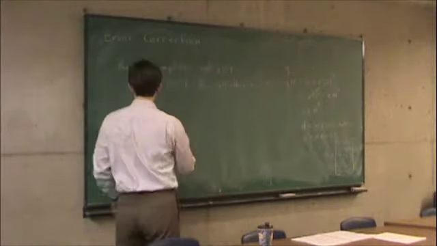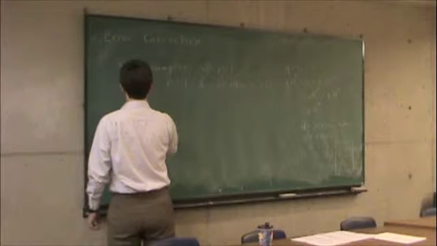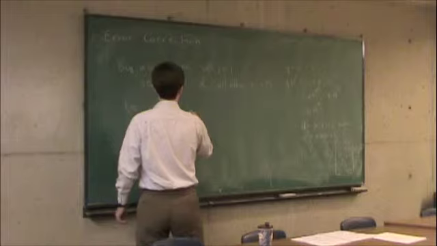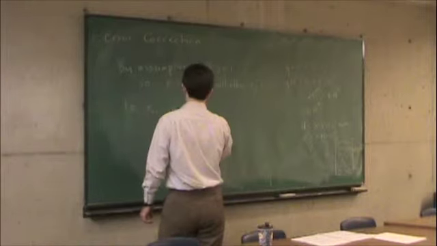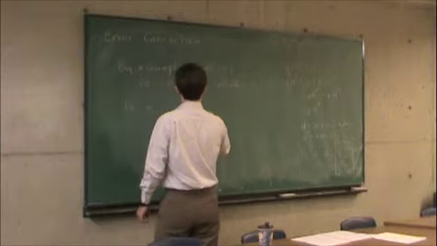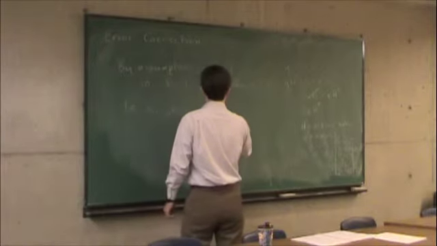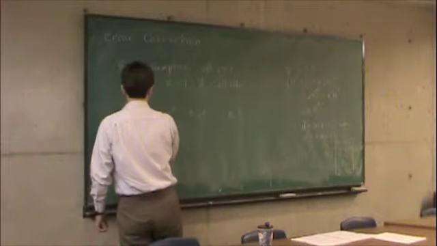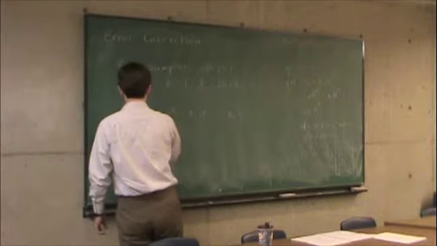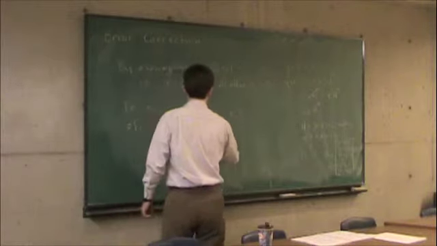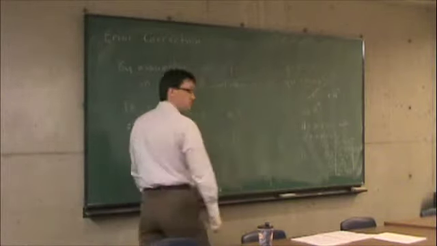So E_1, E_2, up to E_{i-1}, E_i, E_{i+1}, up to E_n would be: everything is 0 except E_i, so it's 0, 0, 1, 0, 0.